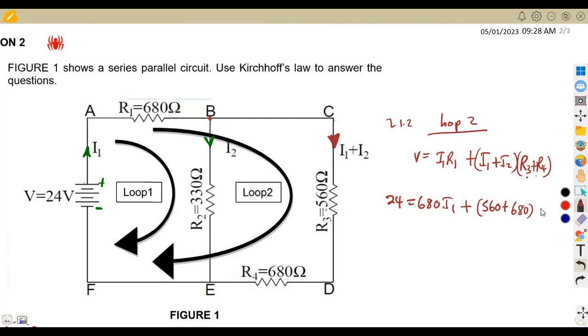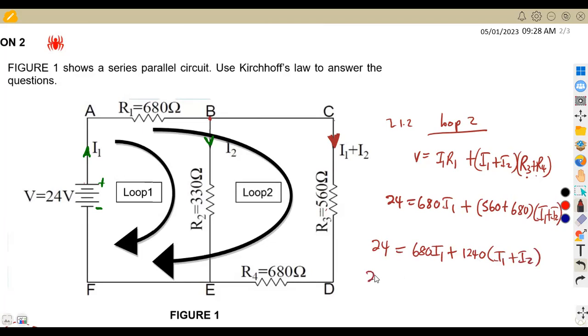Whatever you're going to have, we multiply by I1 plus I2 like this. So this is going to be 24 is equal to 680 I1 plus, if we combine 560 and 680, this is going to give us 1,440 times I1 plus I2 in this case.